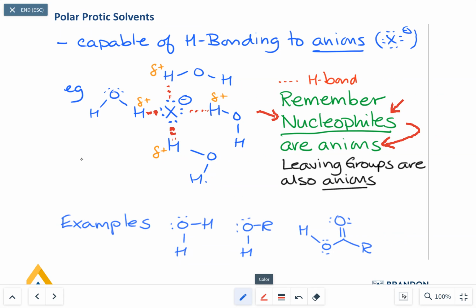For example, water is a weak nucleophile. It's got some lone pairs that it wants to donate, and it can hydrogen bond, just like these lone pairs are hydrogen bonding to other water molecules. This is important because nucleophiles are anions and leaving groups are also anions. So the most common ones are water, alcohols, and carboxylic acids.